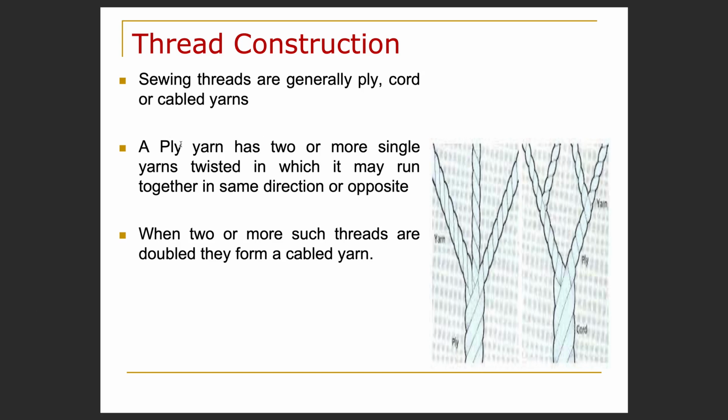The general principle of plying is that if the two parent yarns are Z twisted, when formed into a sewing thread, the final sewing thread will have S twist, and vice versa. So the direction in the final resultant sewing thread will always be opposite to that in the single yarns that were present. When two or more such threads are doubled, they form a cabled yarn. So cabled yarn is formed when such threads are doubled together.